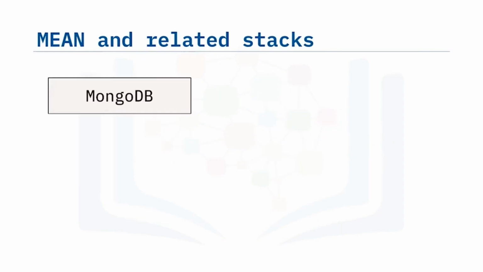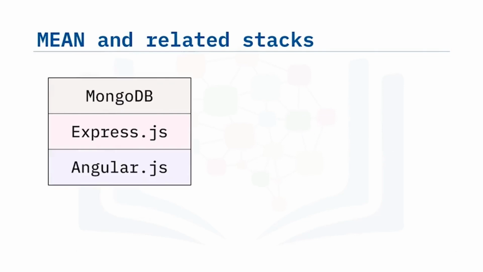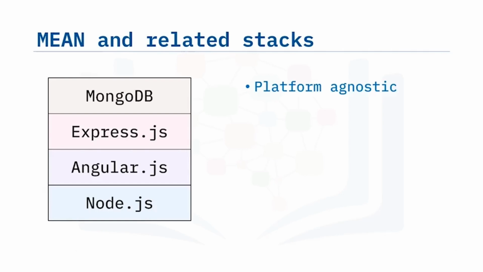The Mean stack uses a MongoDB database with an Express.js web application server framework, the AngularJS framework for front-end JavaScript development, and the Node.js platform for server-side scripting. The Mean software and services are platform agnostic, free, and open source.